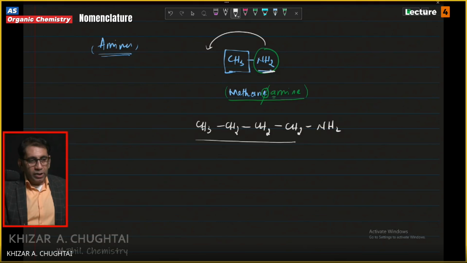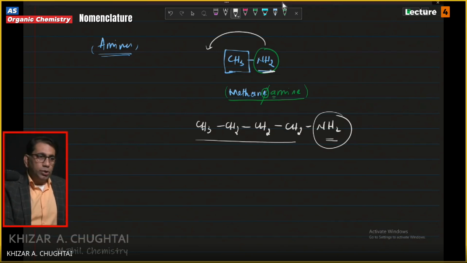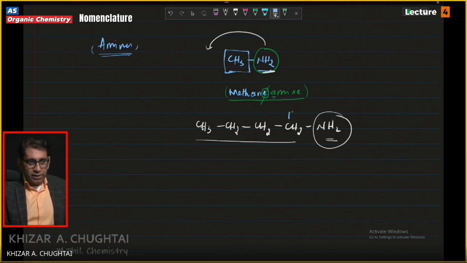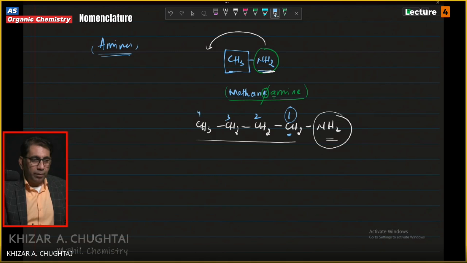This time, this is the longest chain. This is the functional group basically, but it can also be written as a branch. This carbon will always be carbon number 1, because it's a functional group. Numbering will start from the end closer to the functional group. It's carbon 2, carbon 3, carbon 4.